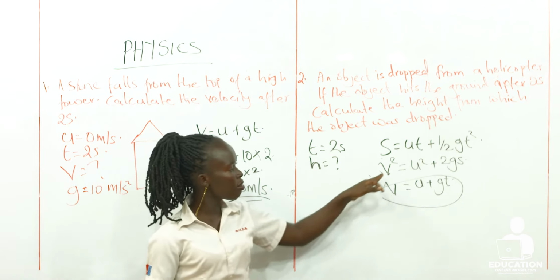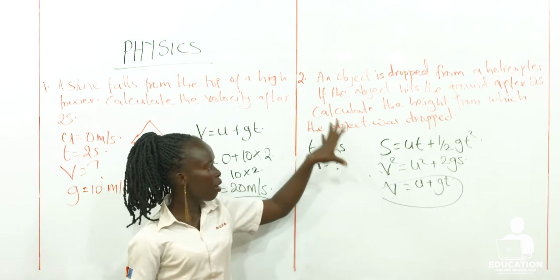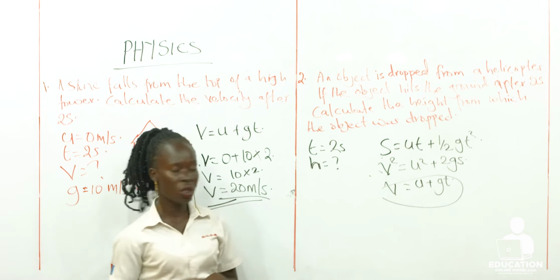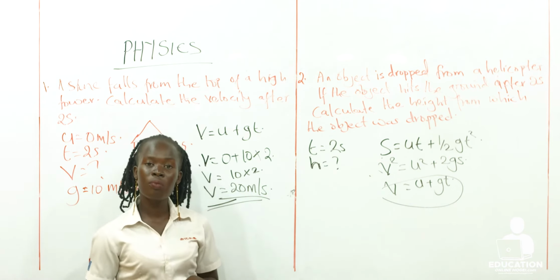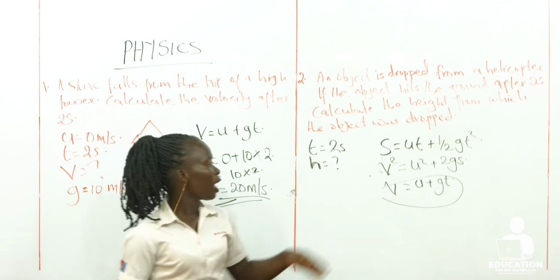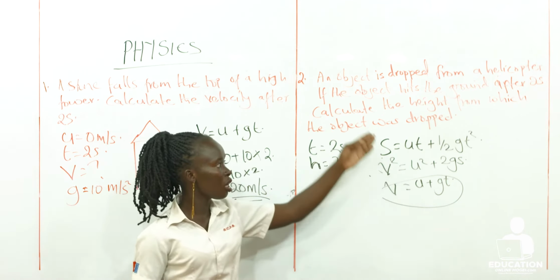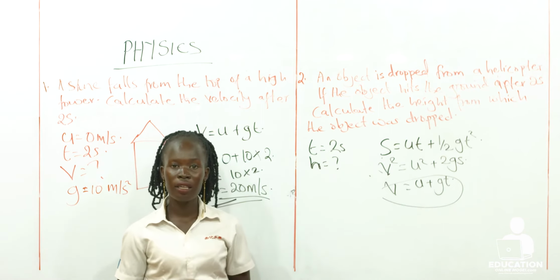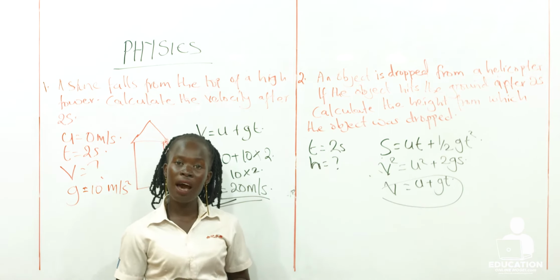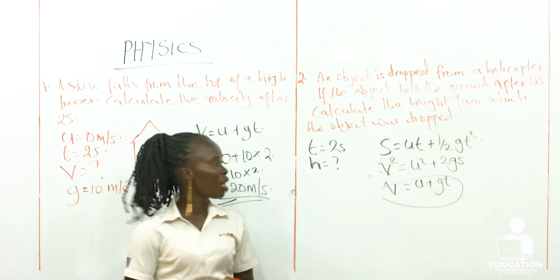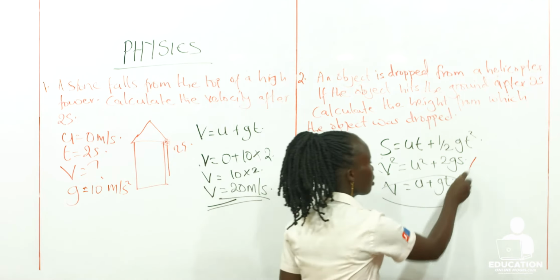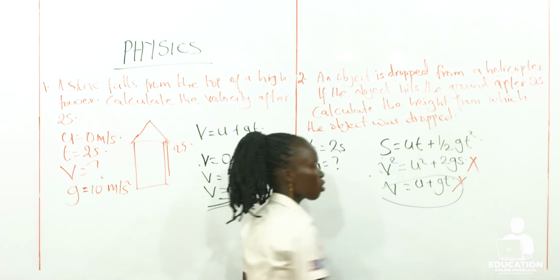We cannot apply it in this question. This is because it is not explaining how long the object took to reach the ground. It does not have the time factor. So we are also cancelling this. So this one is also off.